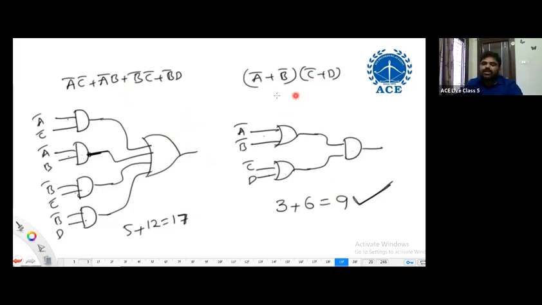If you are comparing the complexity of these two, because these two are functionally the same, which one should I implement? Either can be implemented because both give the same functionality. Then I should go with the minimum complexity one. Yes or no?